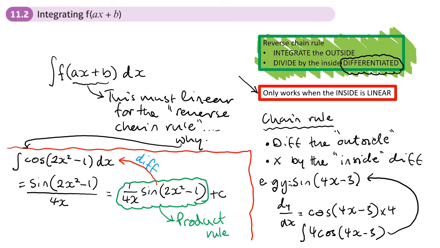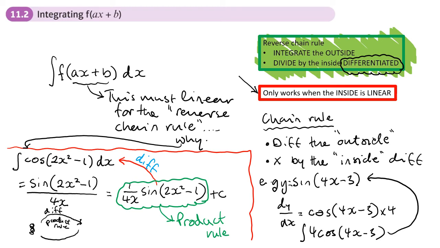So maybe it might be helpful to do a diagram like this. So we've got some sort of function over here, and let's say we're differentiating going this way, and let's say that to differentiate I use the product rule.